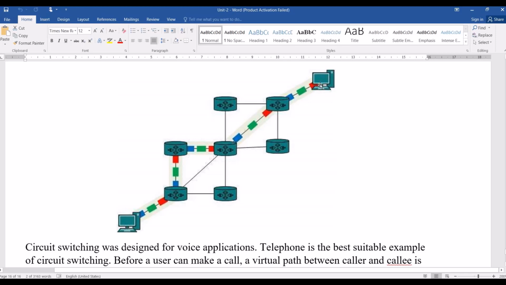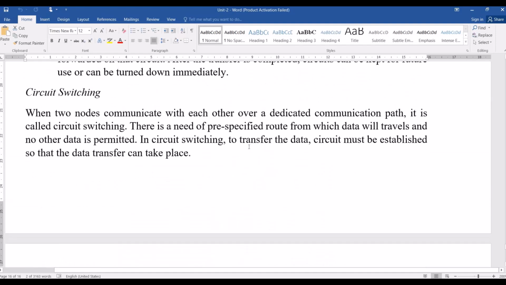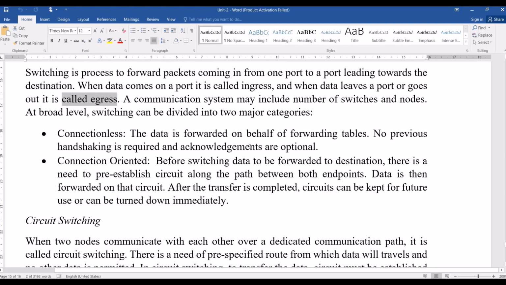There is no exact physical connection on this. In between there are a jumble of connections, but before actual transmission it creates those. In a connection-oriented protocol, there is a pre-established circuit. Data is then forwarded, and after transmission is completed the circuit can be kept for future use or can be turned down immediately.